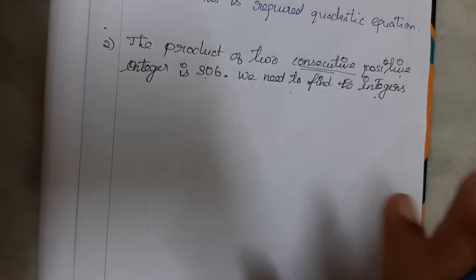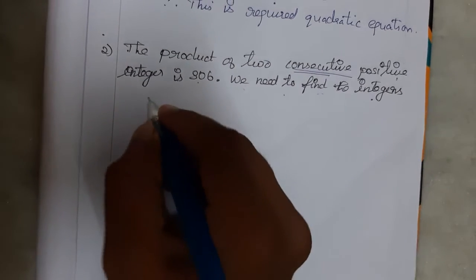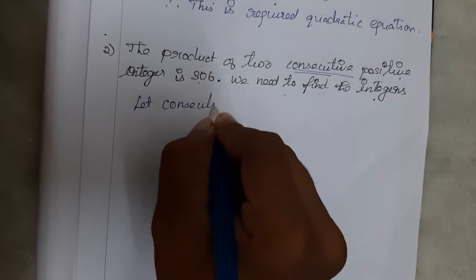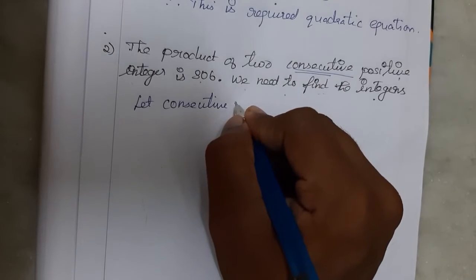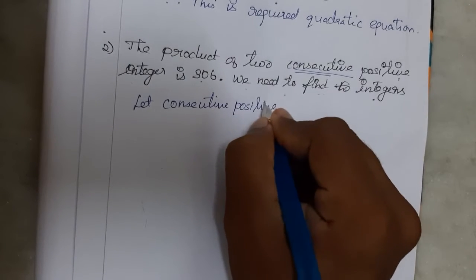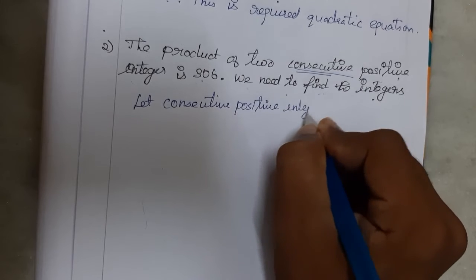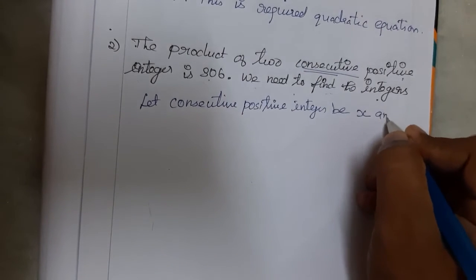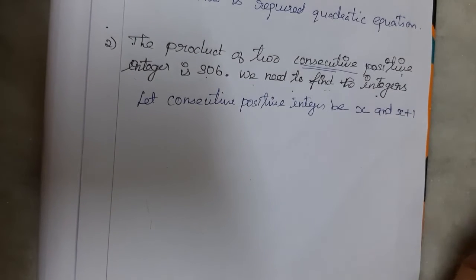So let me consider the number as x. Let the consecutive positive integers be: first number x, the next number x plus 1, right?